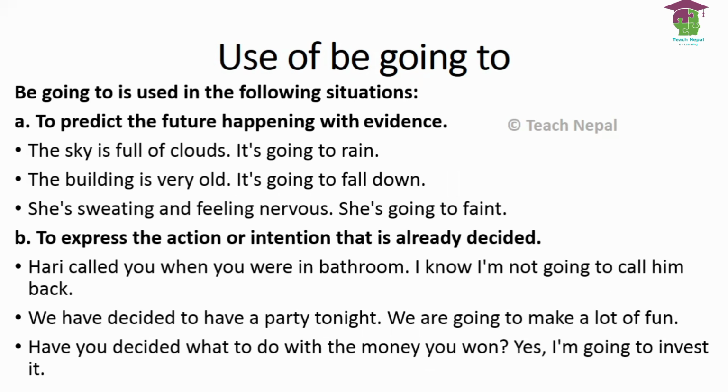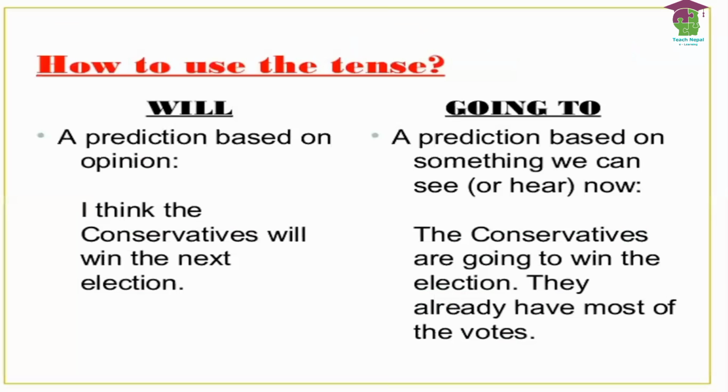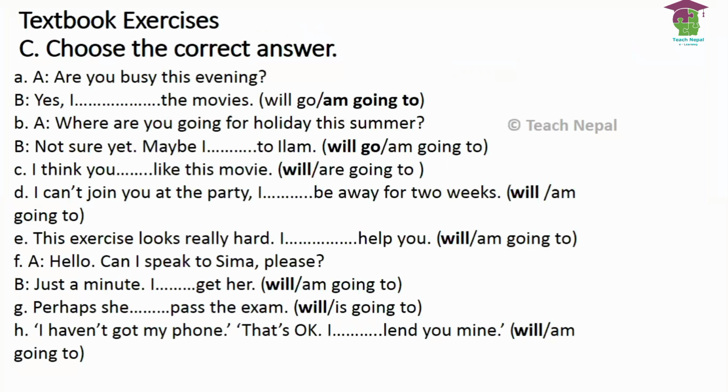In this way it will rain मात्रै भन्नुको सट्टा it's going to rain because the sky is full of clouds. So that is evidence also, evidence सहित चाहिँ बोलिएको छ. In that way, these are the differences. So textbook exercise हामीलाई दिएको छ. So you have to choose the correct form. Will or be going to चाहिँ कुन suitable हुन्छ, you have to find it out.